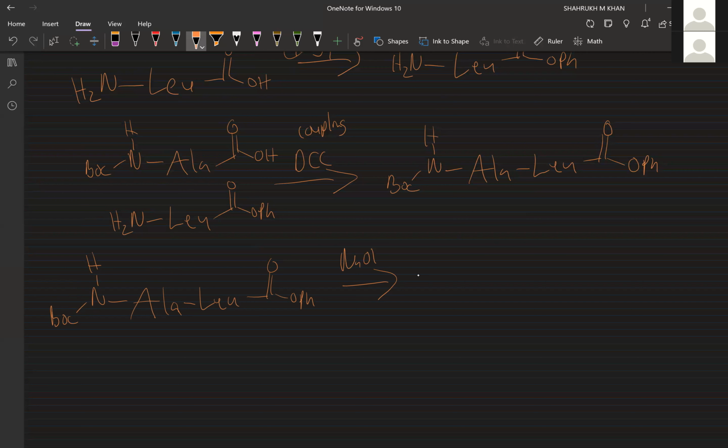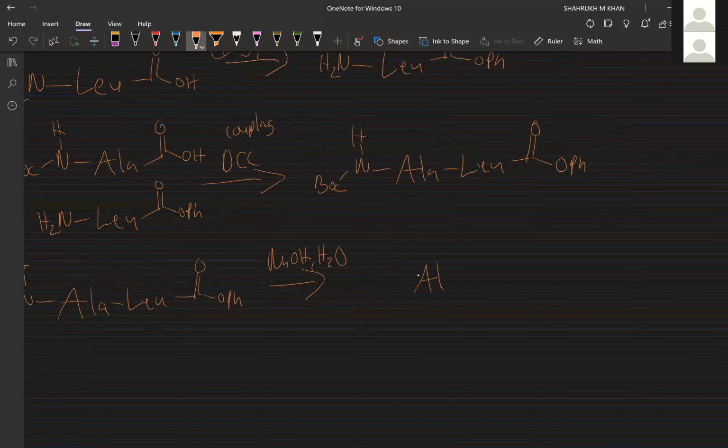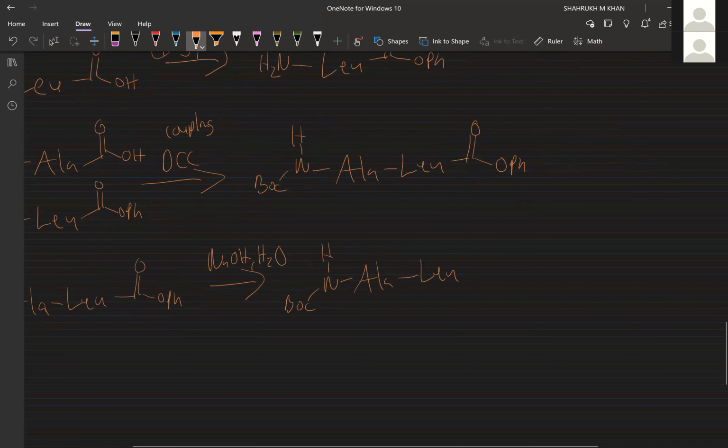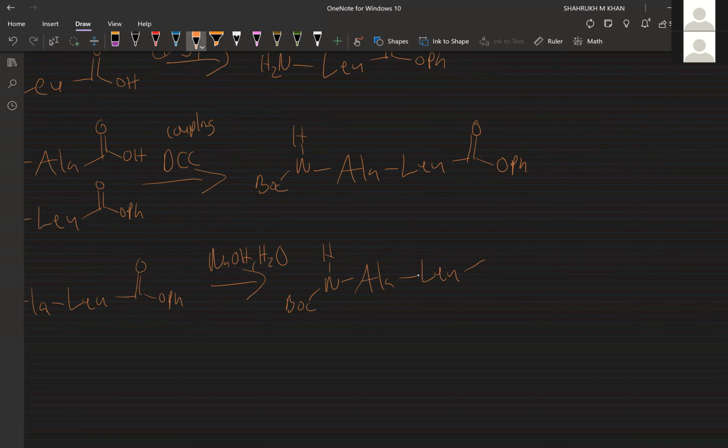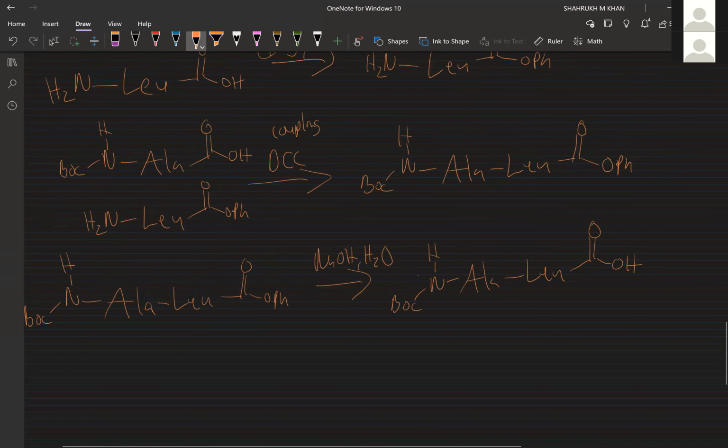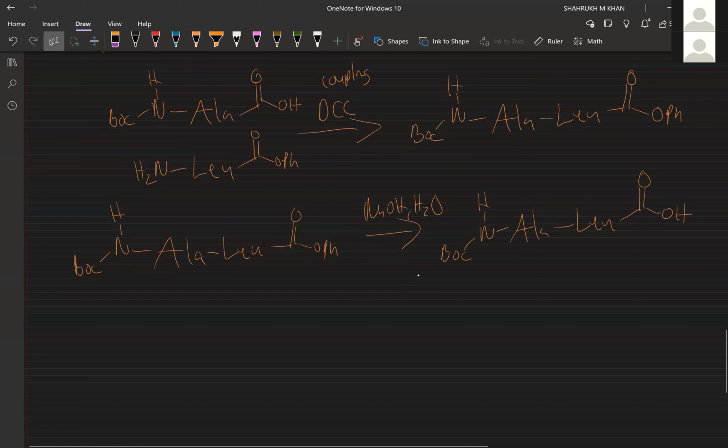So NaOH, water is your solvent. And then boom, we've opened this back up to its carboxylic acid form, right? So now we could do reactions there. This is still protected, right? OH, right? Now what we want to do next, right, is take glutamate.